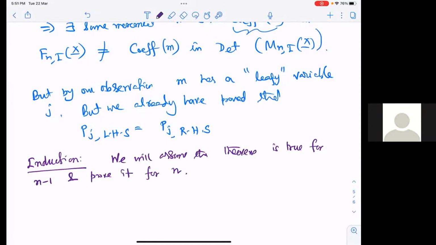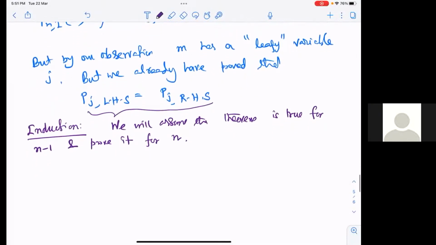Remember that I am going to prove this equality. Okay, so there are two things that can happen.